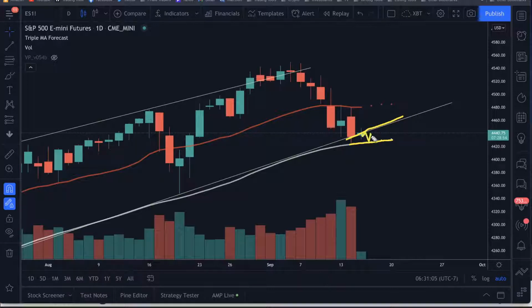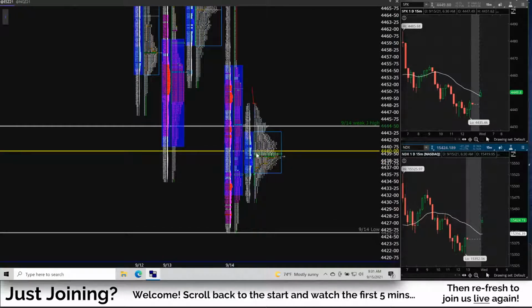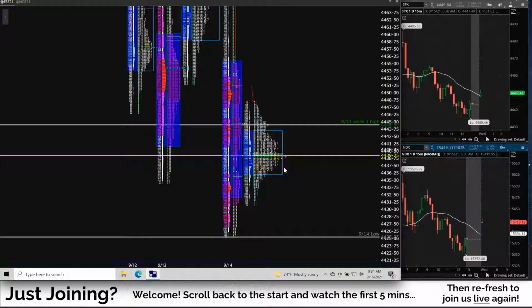So bouncing around in here is kind of uncertainty, but getting back above is bullish, below bearish. And the market chops. Chop, chop, chop.